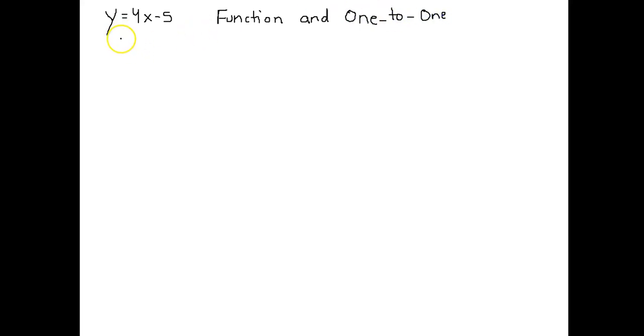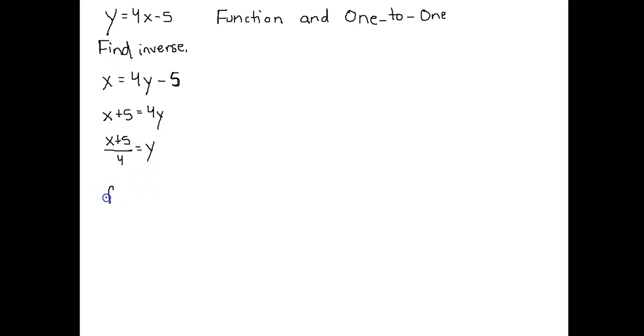All right, so to find its inverse, go ahead and swap the x and y, because a function and its inverse essentially undo each other. So you swap the x and y, solve for y, and instead of y, you can write f inverse of x.